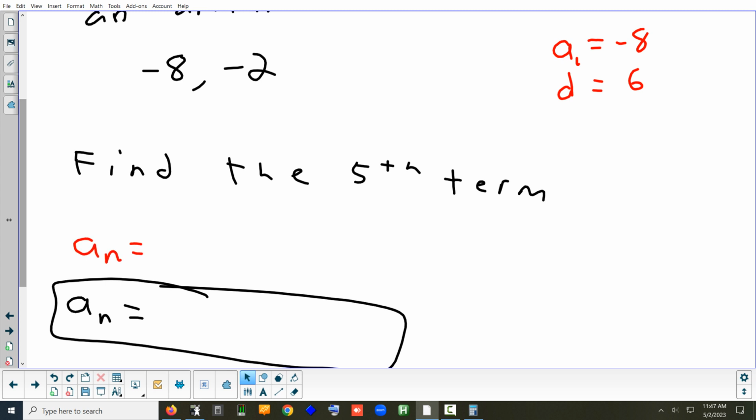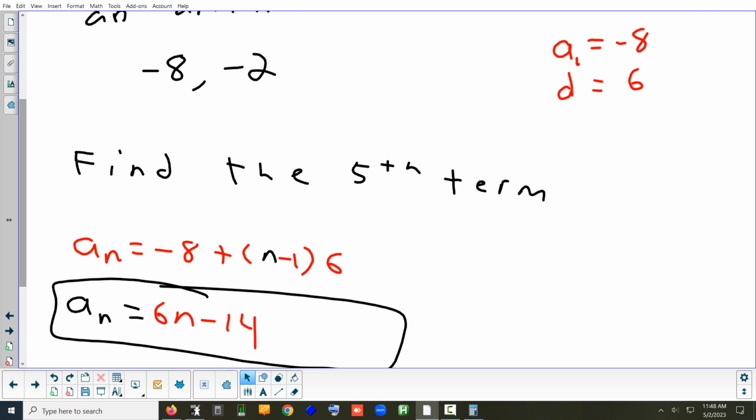What's going to be my rough draft of my formula? -8 plus (n minus 1) times 6. And when I simplify that, I'm going to get 6n minus 14.